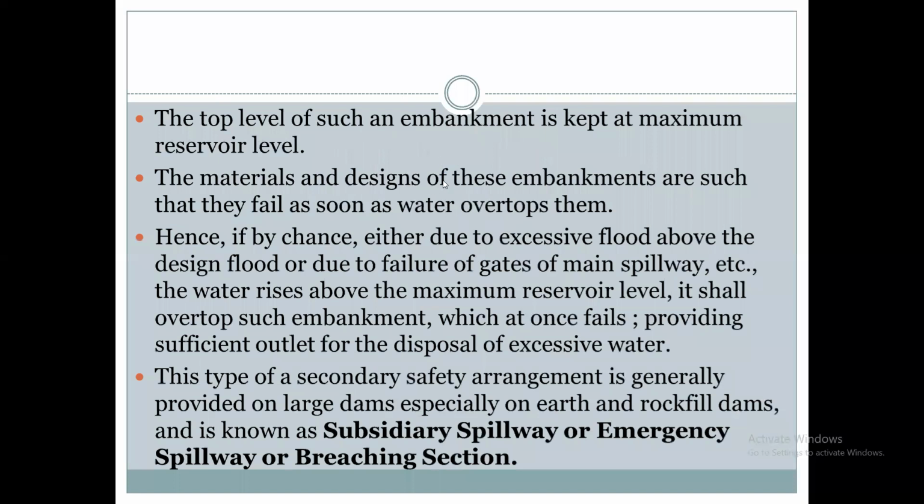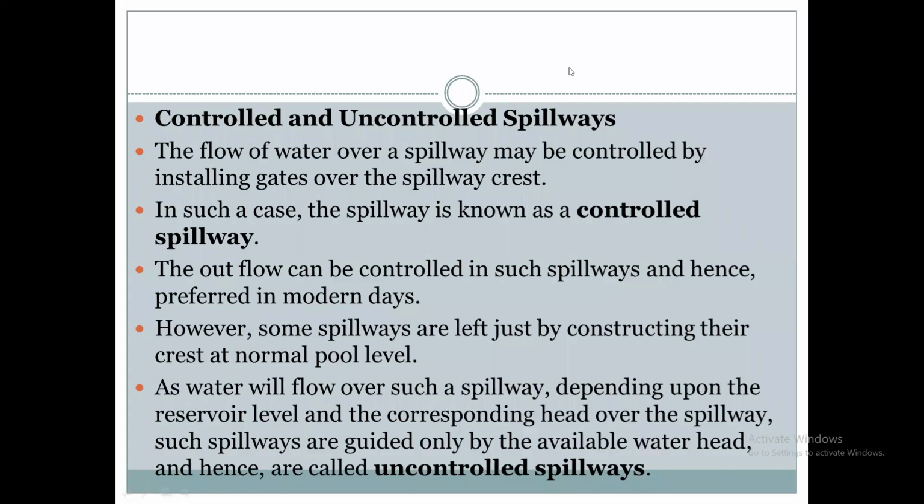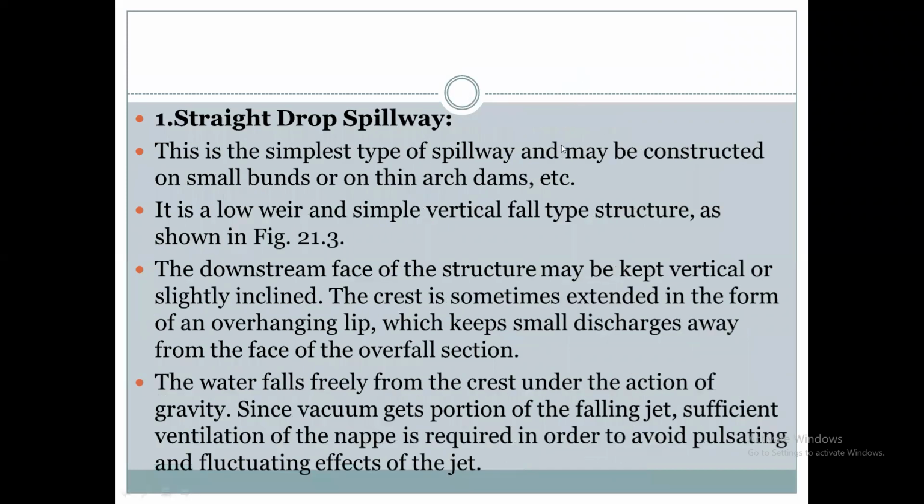Depending upon the flow of water, the spillways are classified into the types of spillways we have seen. Depending upon the type of structure constructed for disposing of the surplus water, the spillways are classified into these 6 types.